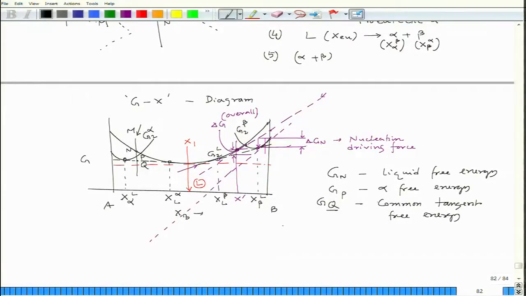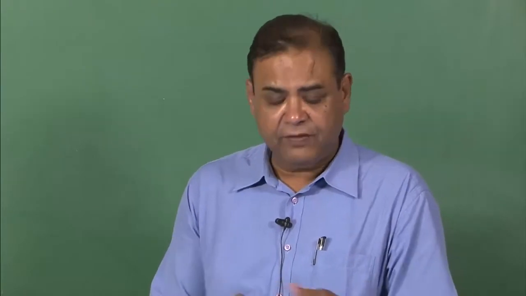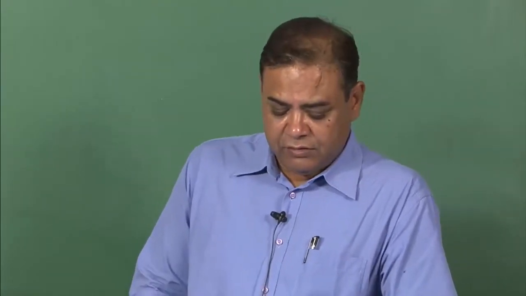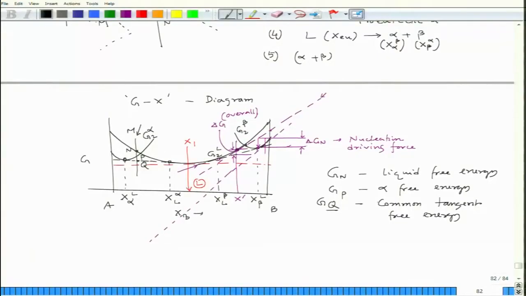Now, I could see that if I take liquid to a temperature where alpha and liquid formation is possible, and go from this point to this point, there is a huge free energy difference.